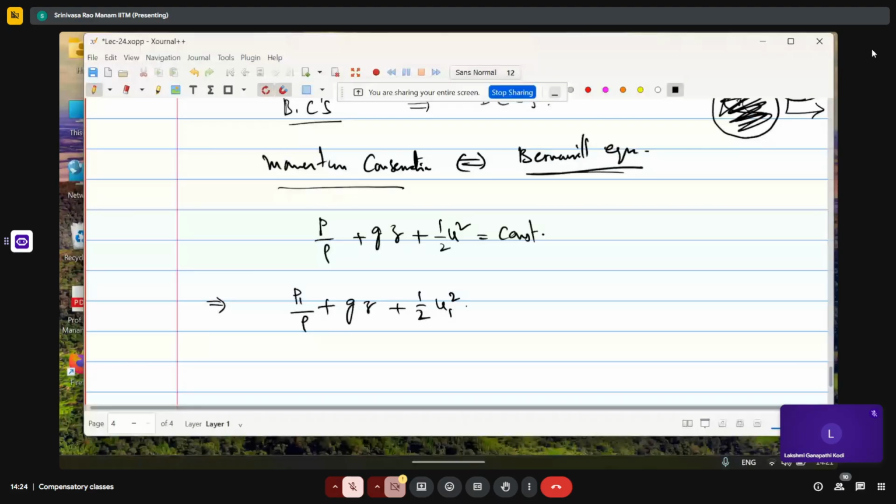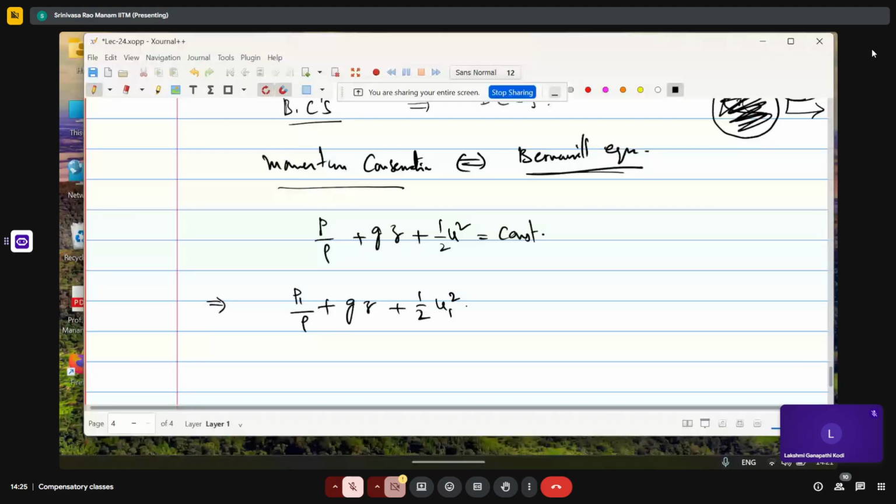And what is your U2? The U2 modulus will be simply U. Away from the cylinder at infinity, you have only uniform flow, that is U, and that is only one-dimensional flow.